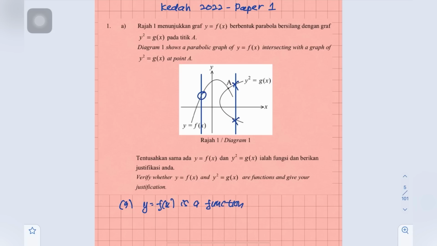function, because the vertical line test cuts at one point.